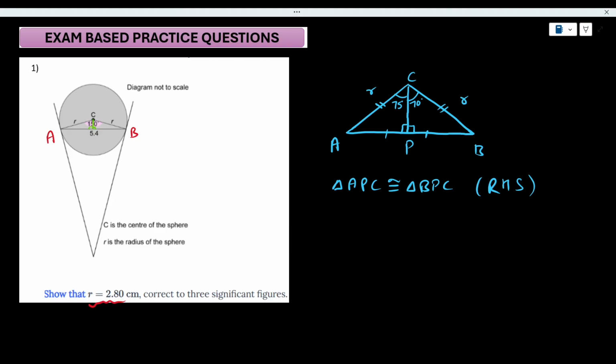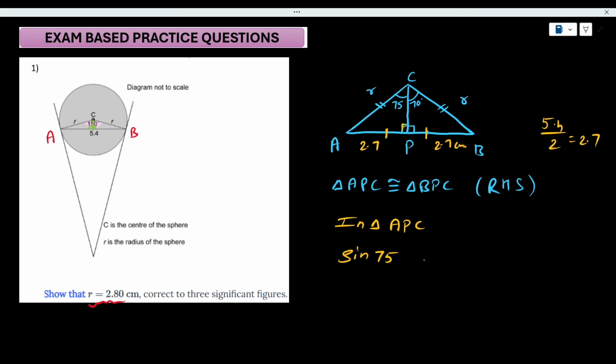Now, because it is a bisector, each side is 5.4 by 2, which is going to be 2.7. So each part of this line segment will be 2.7 centimeter. Though it is a part of a circle, here we are using trigonometry, because in triangle APC I can use the trigonometric ratio opposite by hypotenuse, which is sine.